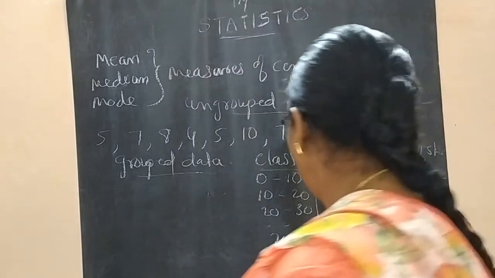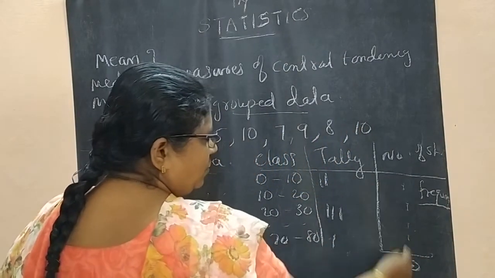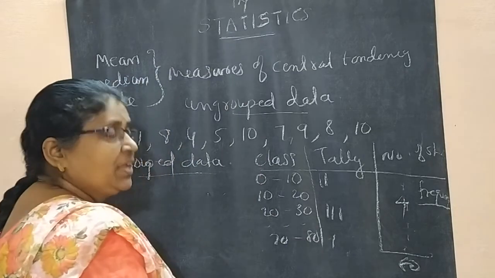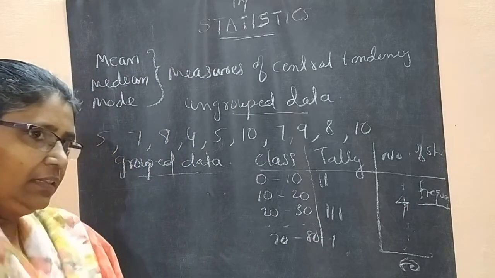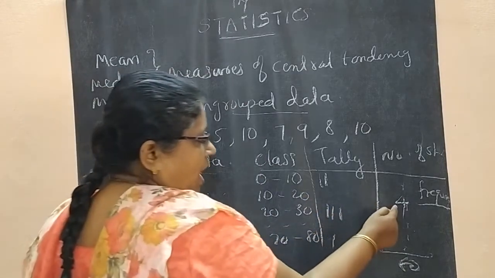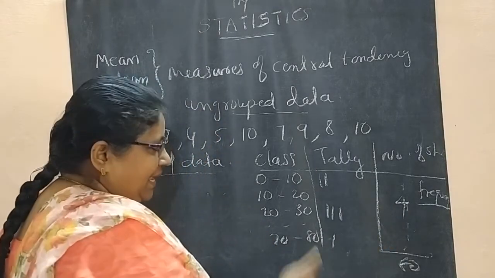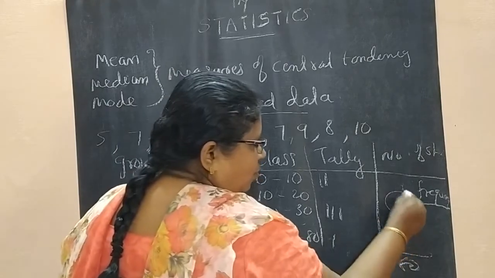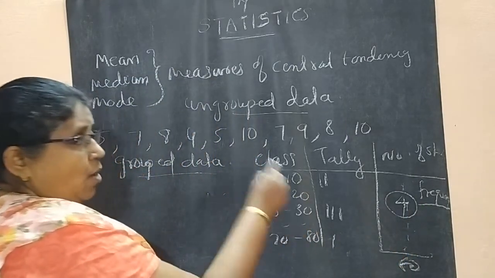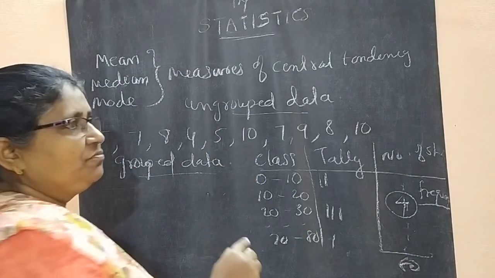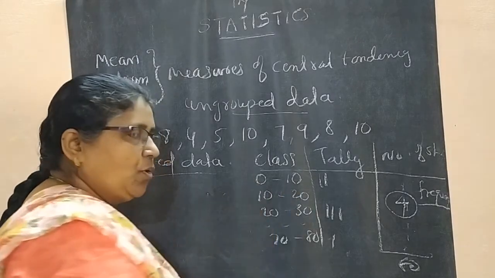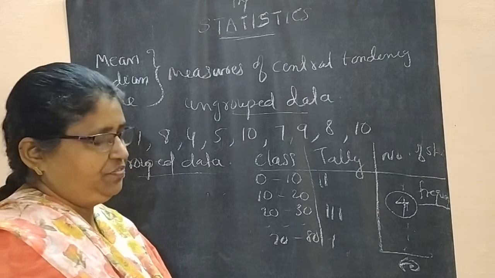Suppose in 10 to 20, 4 students got. Then we can tell that these 4 students' marks are coming around the midpoint of 10 to 20. The midpoint of 10 to 20, we know, is 15.